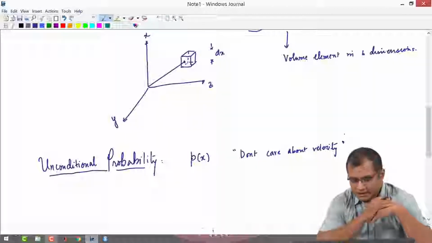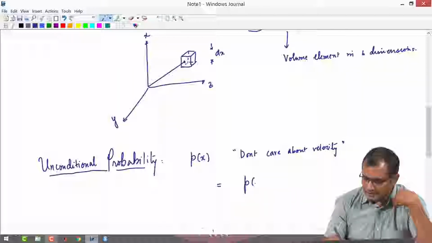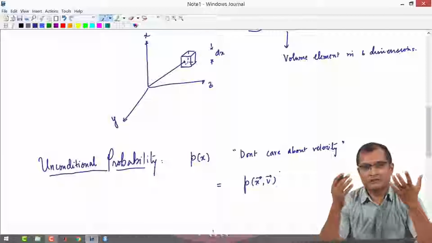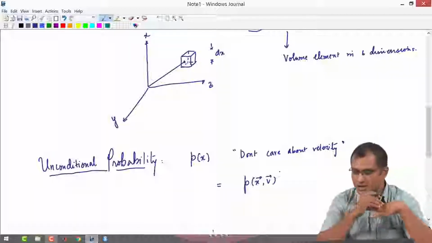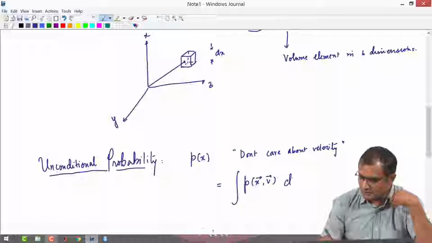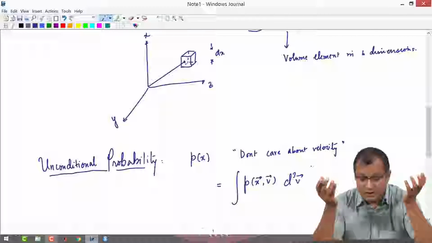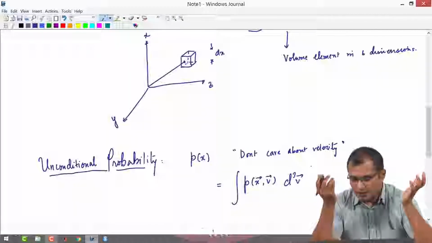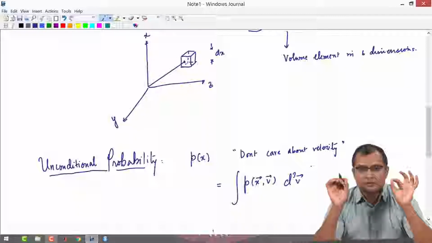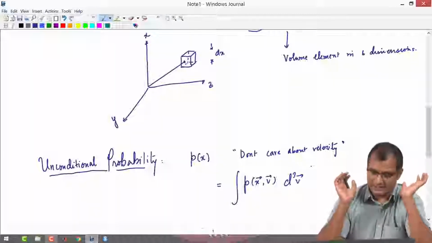You're saying that I will take the joint probability density, one that has all the information of positions and velocity, and I'll simply integrate this over all possible velocities, because I don't care what is the particle's momenta or velocity. All I want to know is the probability density of finding a particle in the neighborhood of x.